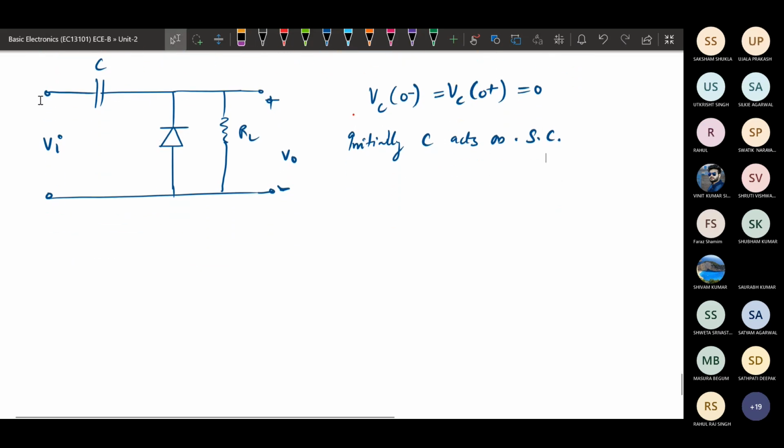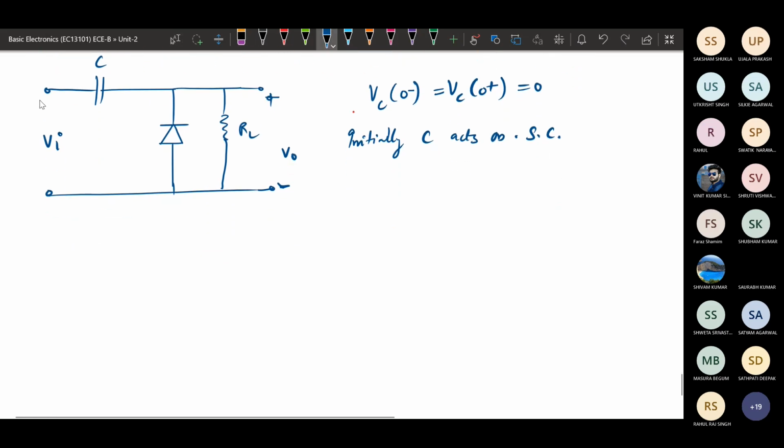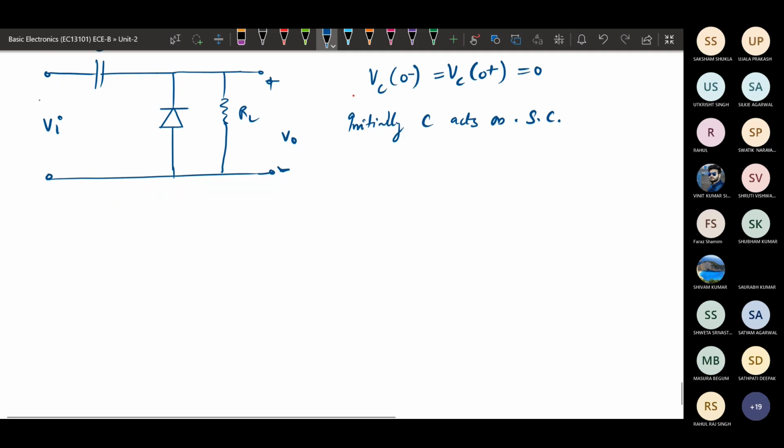So if it is behaving like a short circuit, then we will consider the first half of the input.